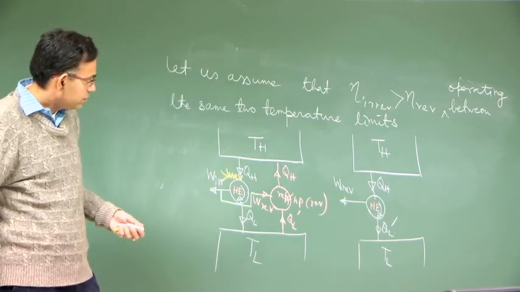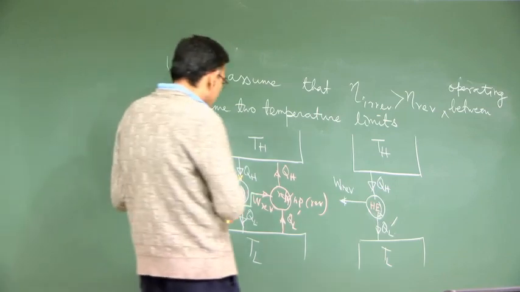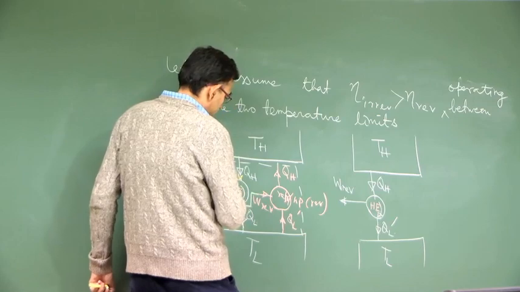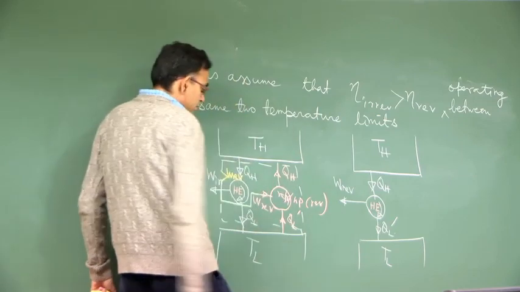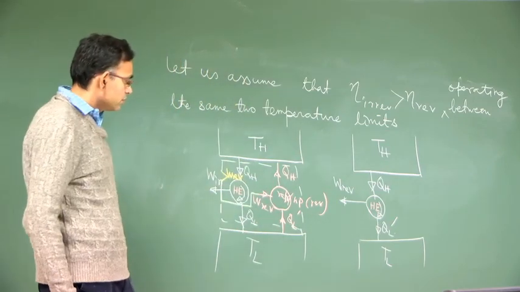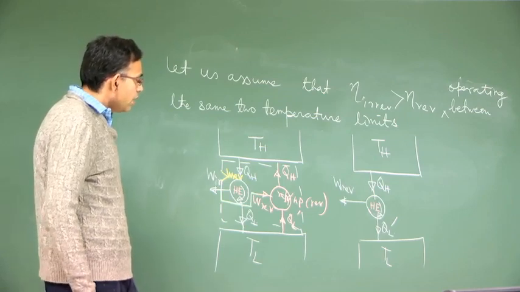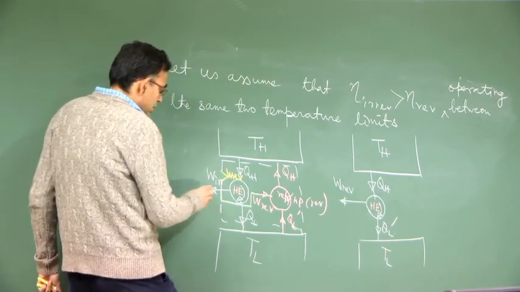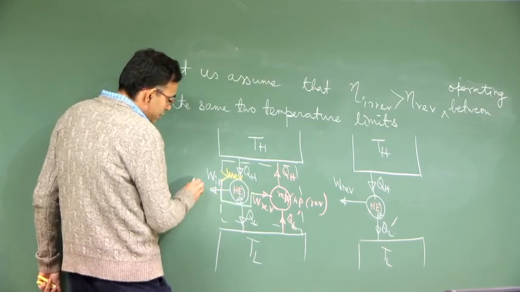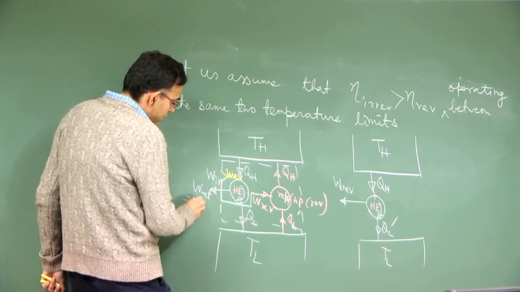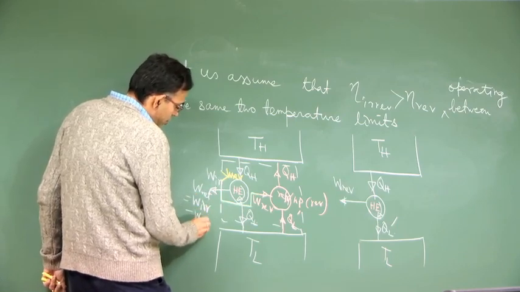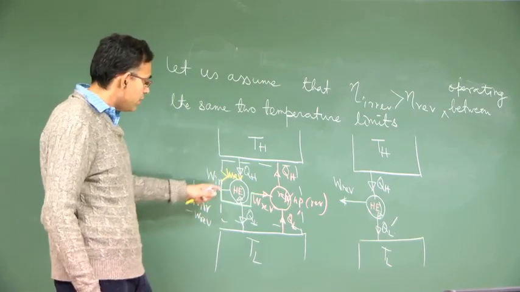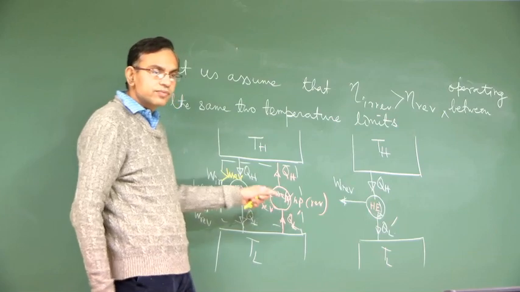So, now we will consider these two devices as a whole. Effectively it does a net work, which is what? The net work that comes out of it, W net, is W irreversible minus W reversible, because W reversible is fed to run this heat pump.